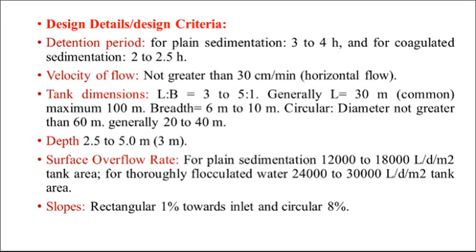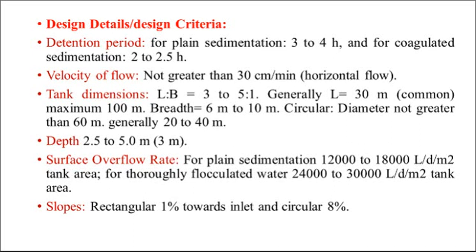Then tank dimensions, length to width ratio should be 3 to 5 to 1. Generally, length may be taken as 30 meter as a common one, and maximum should not be greater than 100 meter. The breadth should be 6 meter to 10 meter.